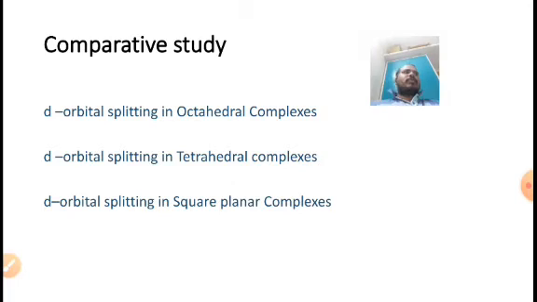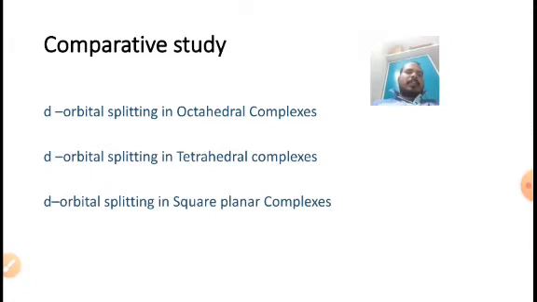Then the student will get more clarity. That's why I am trying to explain it in a more lucid way.